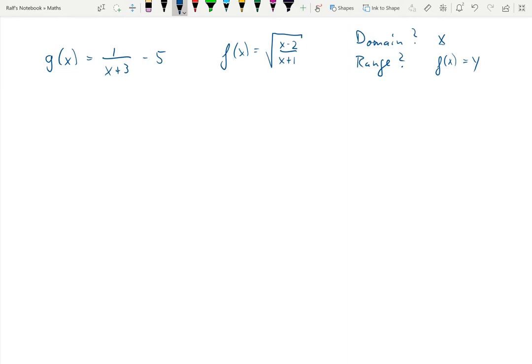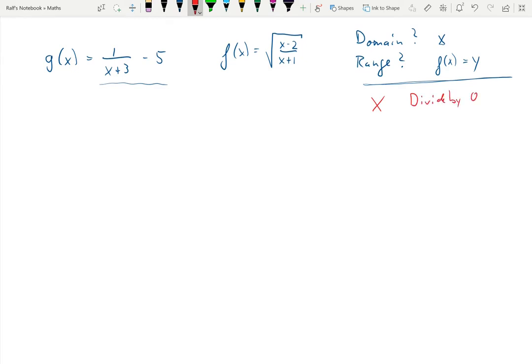So the domain, if there isn't an explicit domain, there are a number of reasons why a certain value may not be part of the domain, and the three we are typically looking out for is that in a function, you can see here, for instance, we're having a ratio 1 over x plus 3, and when you have a division, the thing you cannot do in a function is divide by 0.